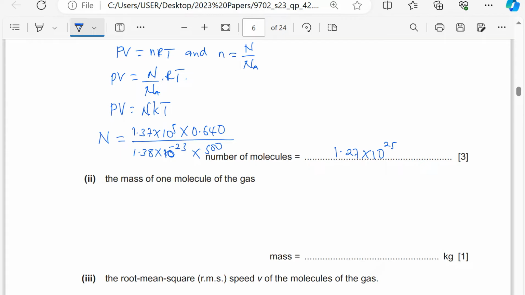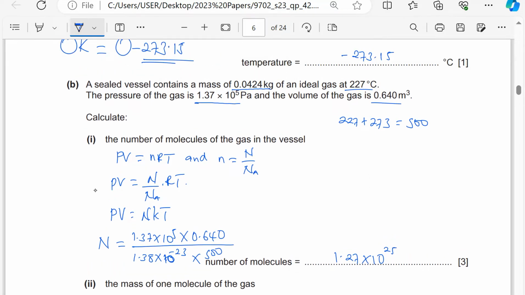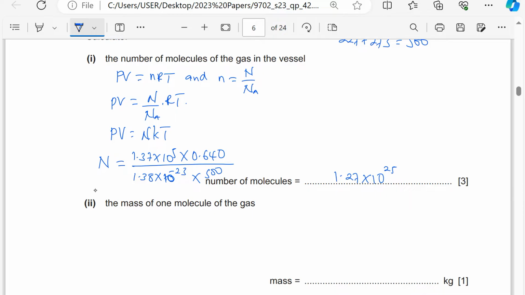The mass of one molecule of the gas. A sealed vessel contains a mass of an ideal gas. So if this is the mass of the gas, which has this number of molecules, we can say the mass of one molecule is the total mass of the gas, 0.0424, divided by the number of molecules, 1.27 times 10 to the power of 25.